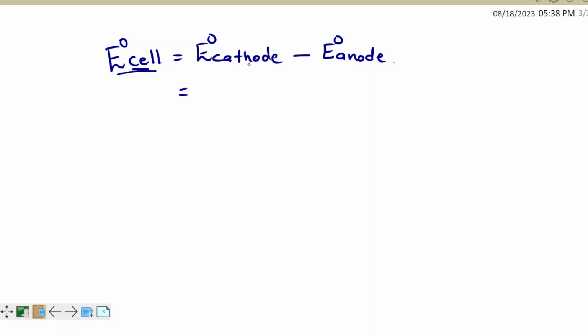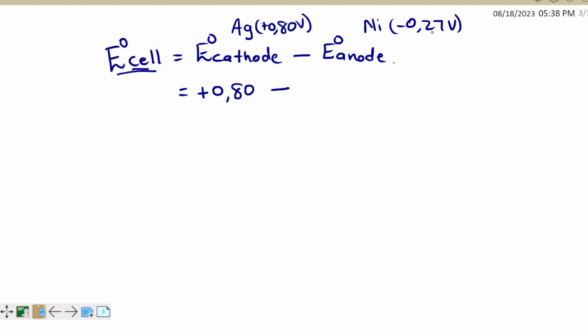Then you look at which one we said is the cathode. Remember, the one for silver was the cathode, and it had a potential of positive 0.80 volts. For the anode, which is nickel, it had a potential of negative 0.27 volts. So on the side of the cathode, we're going to put the 0.80, which is positive 0.80, minus.